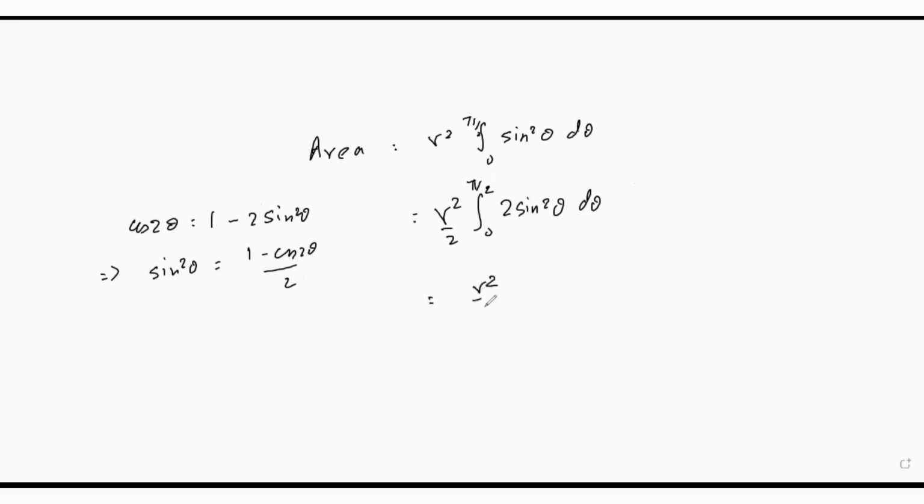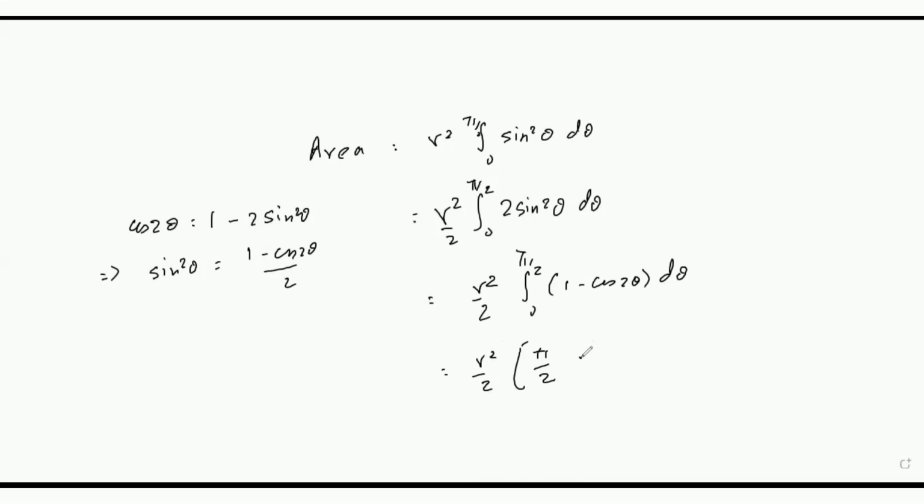So here we then have r squared over 2, the integral from 0 to pi over 2 of 1 minus cosine 2 theta d theta. The first term simply gives you pi over 2.